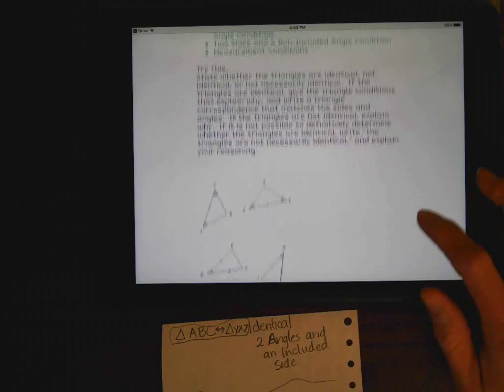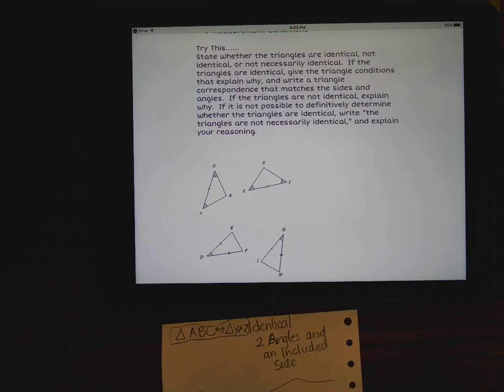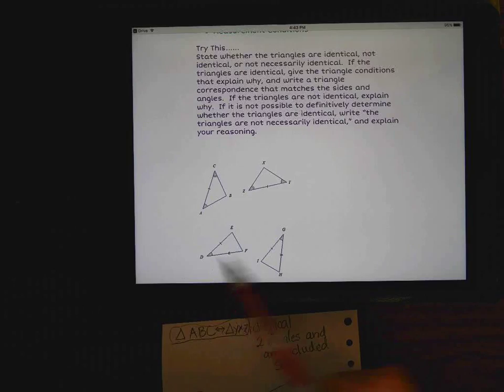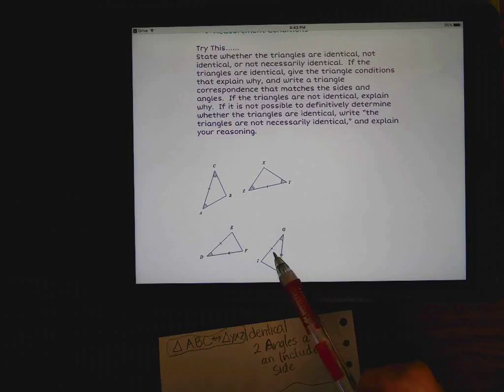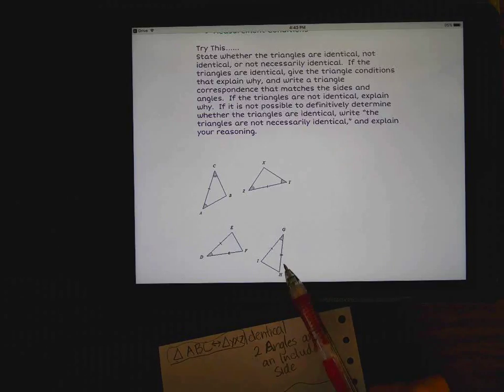Okay, let's try another one. I have another one for you. Here you go. All right, so let's look at it. We have triangle DEF, and we have triangle GHI. We have to decide which one is which. Okay, so in this one, we see one angle is given, one angle is given, one side is given, one side is given, another side is given, another side is given.